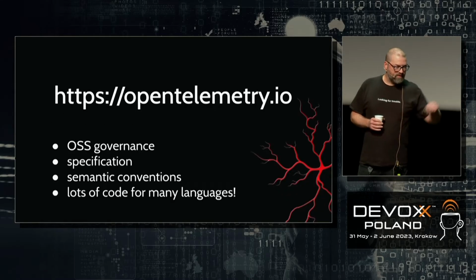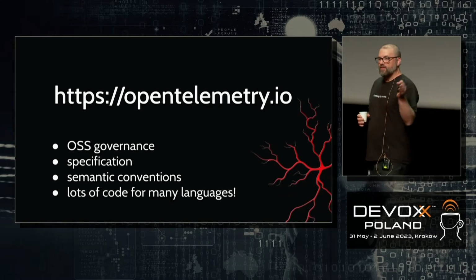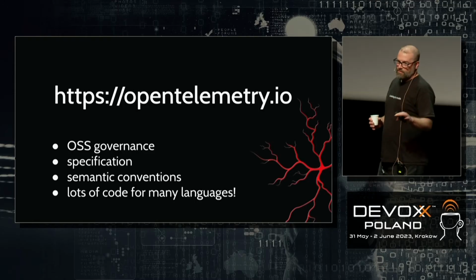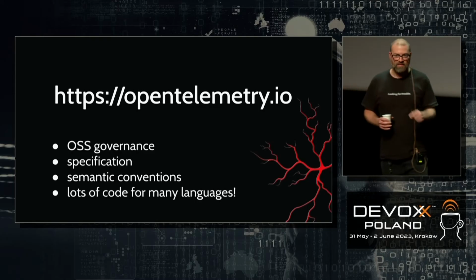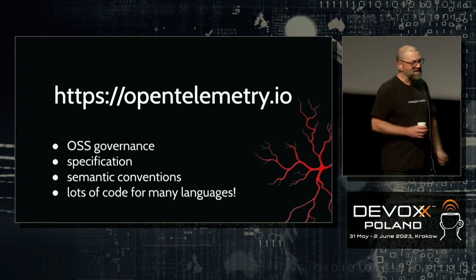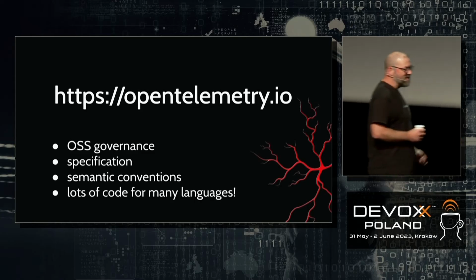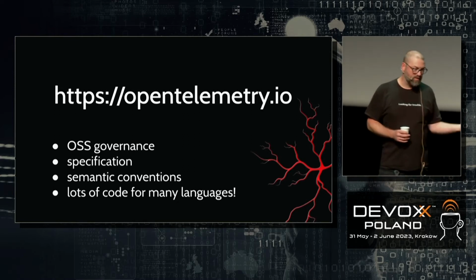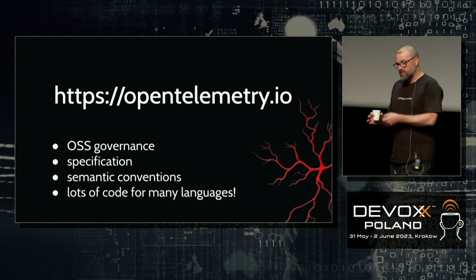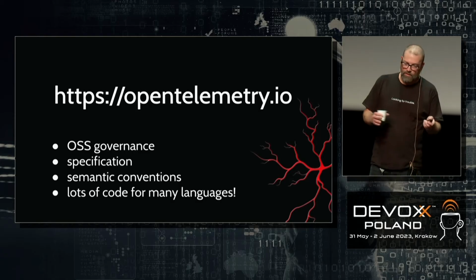And then providing a set of semantic conventions so that we all call things by the same name, so that we call HTTP request verb HTTP request verb, I think, except that's not what it's actually called. All right, and then there's lots of implementations for many different languages, and there is also a collector which serves as sort of a gateway and pipeline.